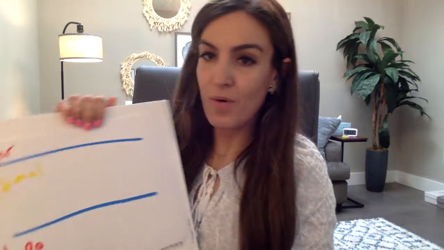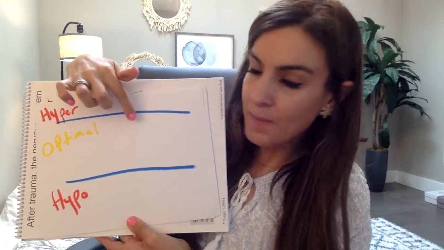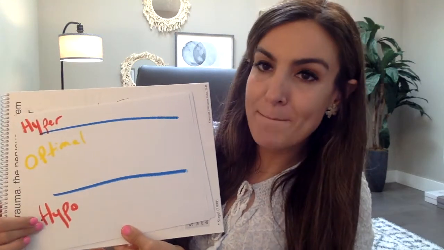So let's just put in optimal. So, okay, here we have hyperarousal up here on top, right? In the middle we have optimal, and then on the bottom is hypo.